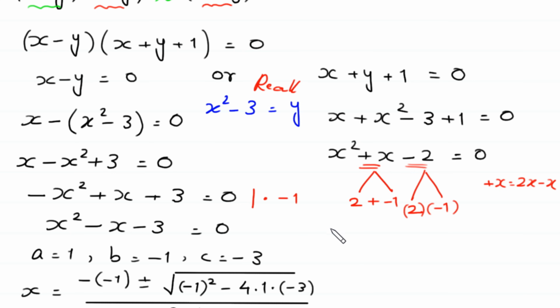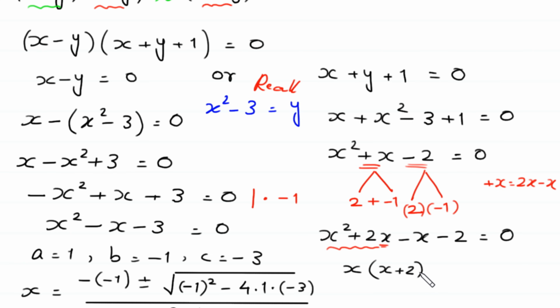Then this equation becomes x squared plus 2x minus x, then this minus 2 is equal to 0. Now from these two terms, x squared plus 2x, we can factor out x times in bracket x plus 2. From these two terms, negative x minus 2, we can factor out negative 1, minus 1 times in bracket x plus 2, is equal to 0.